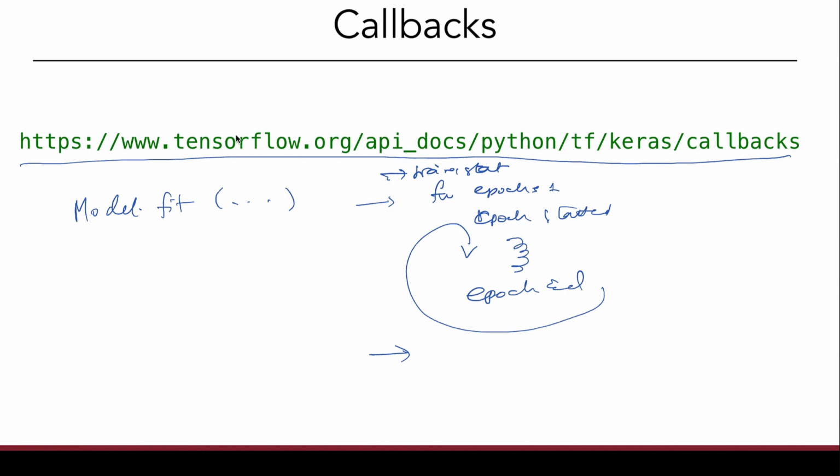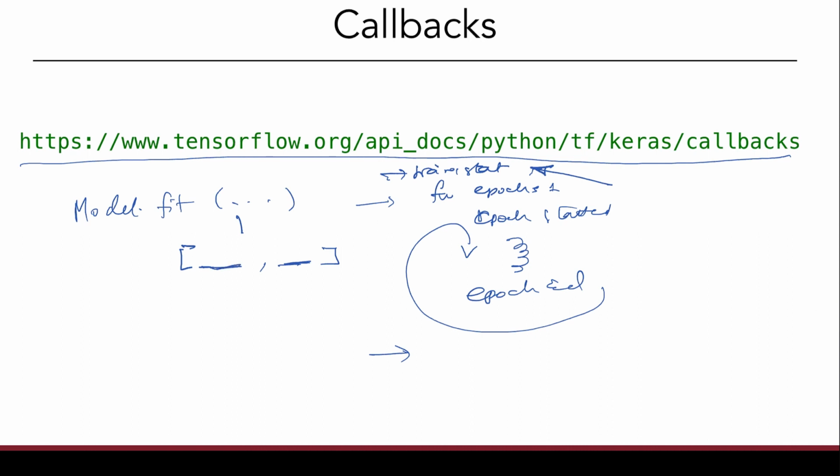So if you want to actually interact with them, you can pass in an array of classes so that at each of these event points, TensorFlow will call back those functions with certain parameters that you can use.